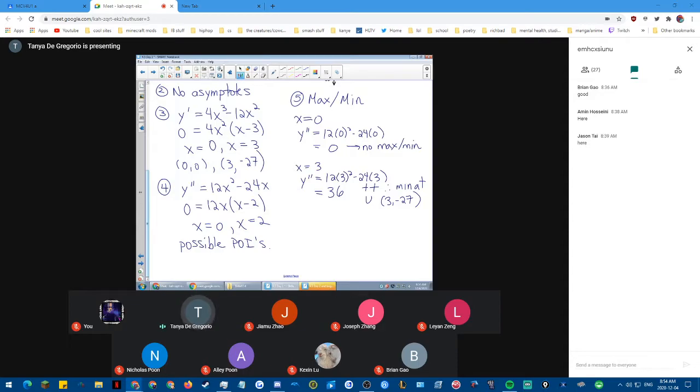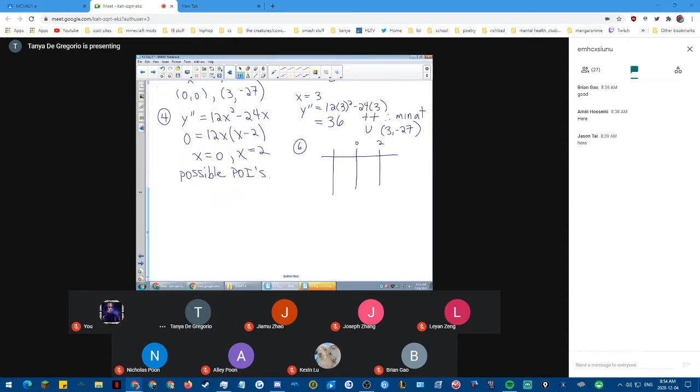Now we have to check concavity. So we're going to do our second derivative table. And here are the values that I'm checking. And my factors were 12x, x minus 2.